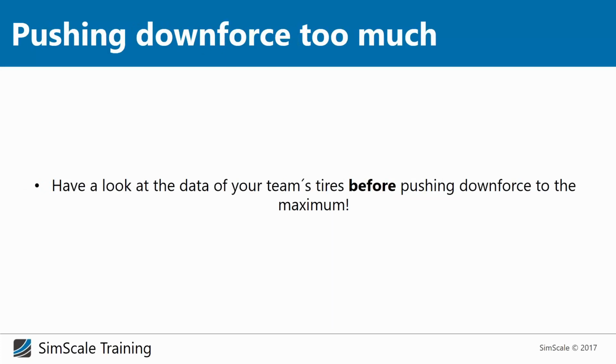Another common mistake is that you can really have too much downforce, so you can push downforce over a limit. Have a look at the data of your team's tires before pushing downforce to the maximum, because at some point your tires have some kind of saturation area in which the tire won't be able to transfer any more side forces, even if the vertical forces are increasing.